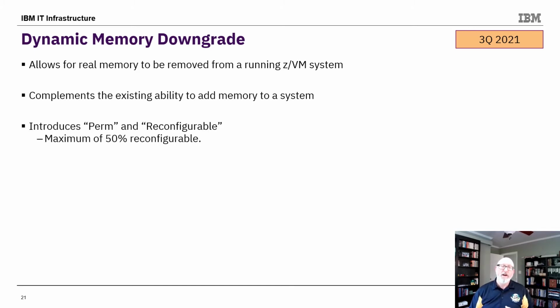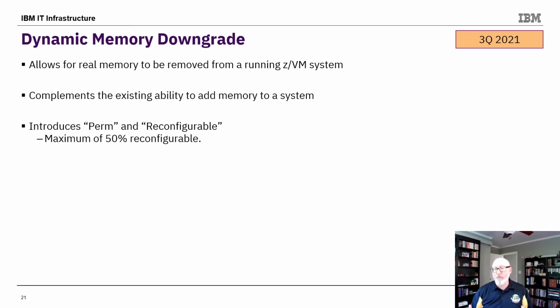Now, this does introduce the concept of permanent and reconfigurable, right? And so the support that's going out in third quarter of 2021 will allow you to have 50% of your memory, and real memory is what we're talking about here, configured as reconfigurable. That is, we can take it away from the system, right?